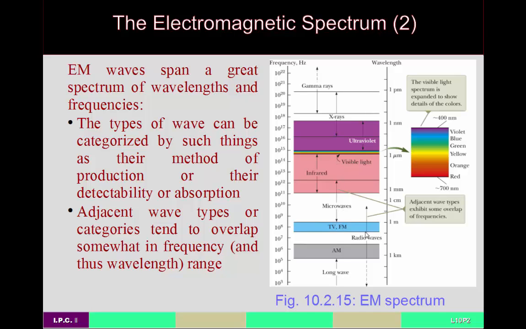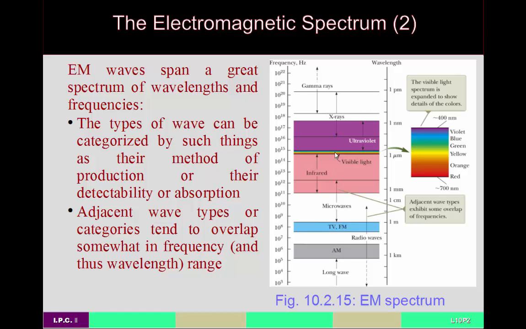So you can see that the shortest wavelength, highest frequency radio waves overlap somewhat with microwaves on the long wavelength, low frequency end. And similarly, microwaves have some overlap with infrared. The exception to this overlap is that infrared, visible, and ultraviolet are well defined with respect to each other.